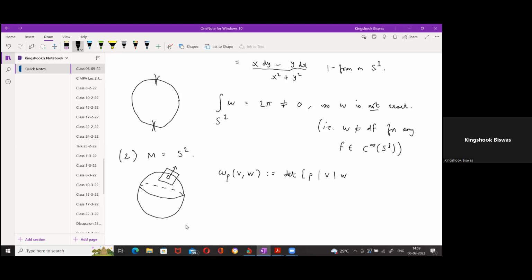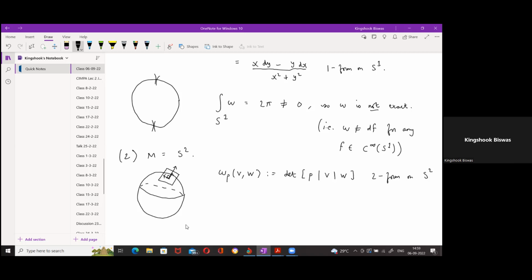Is this clear? So this is a two form on S2. And in fact, this two form on any positively oriented orthonormal basis of the tangent space of S2 will give me 1, right? Yes? Okay. So this is actually what is called the volume form of S2.